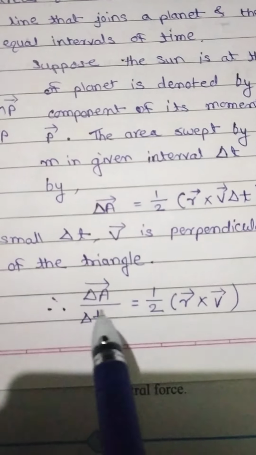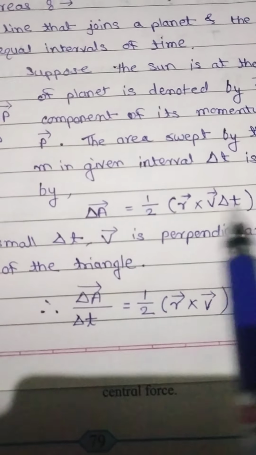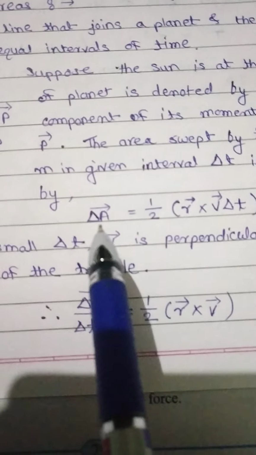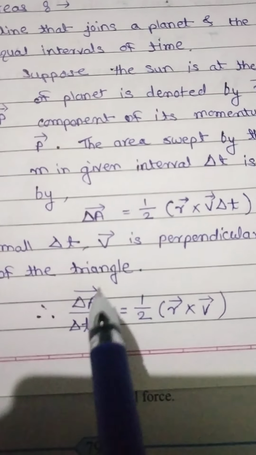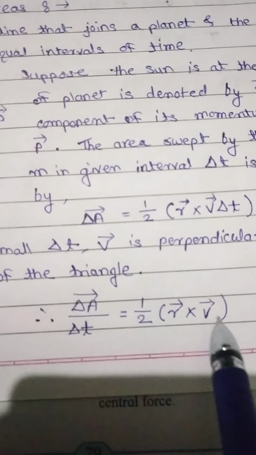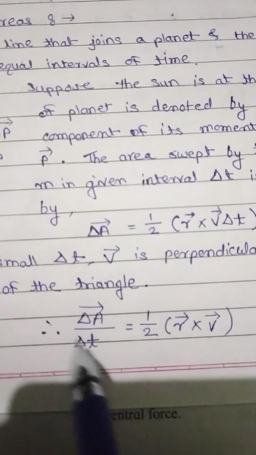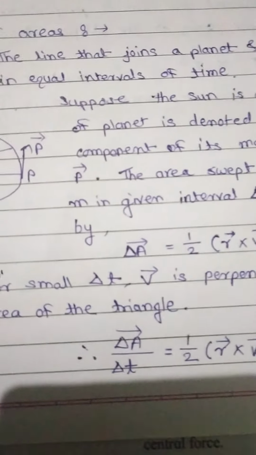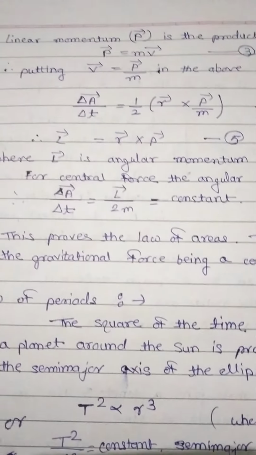Therefore, rearranging this formula, delta t comes to the denominator, and delta A vector upon delta t is equal to half r vector cross v vector. This uses the formula for the area of a triangle. This is equation number 2.